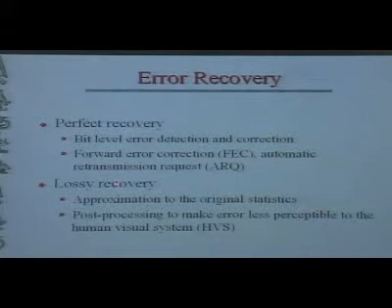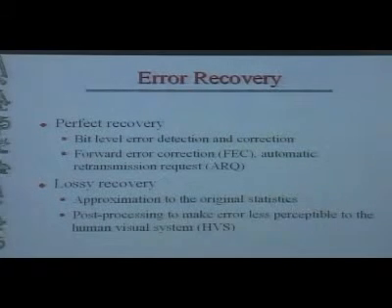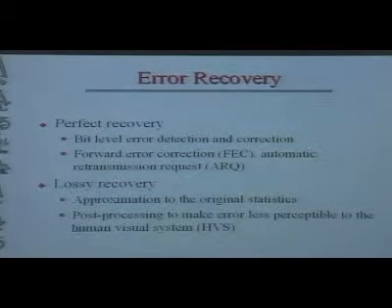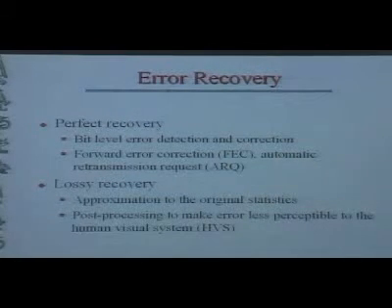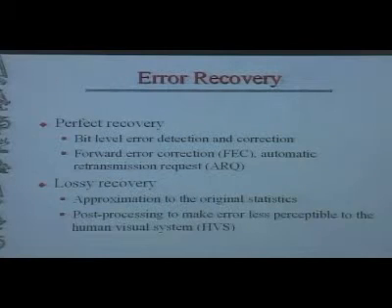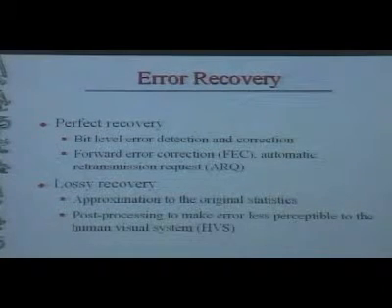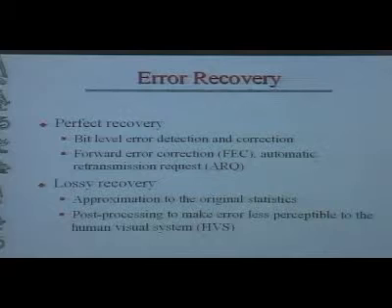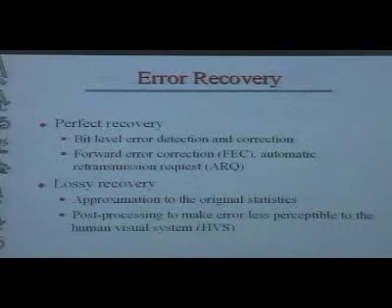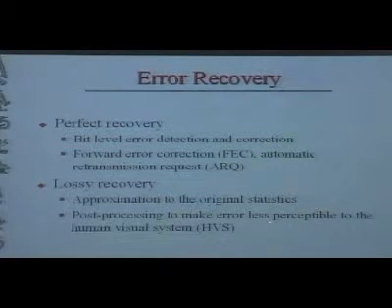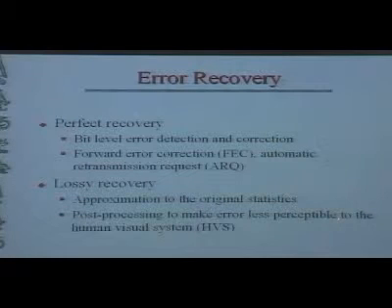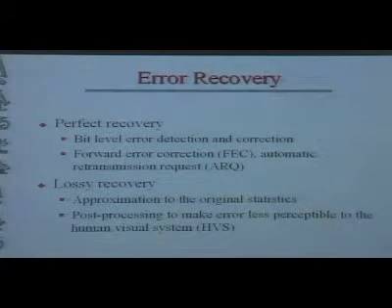Lossy recovery, for example concealment, is where you allow loss to happen. You know that the decoded result will not be exactly the same as the transmitted result, but hey, it's okay. Basically, if the error is not so perceptible to the human visual system, we're okay.